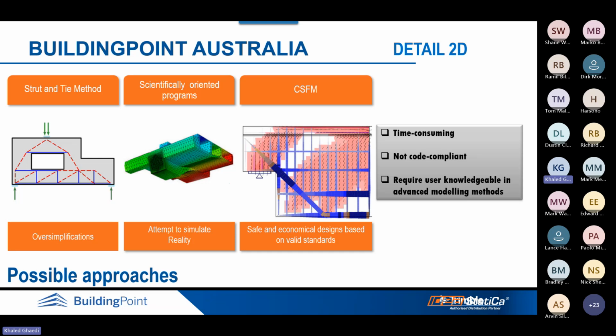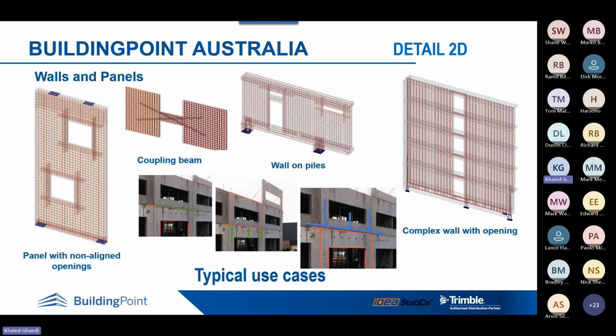So we combine these kinds of tools and came up with the CSFM solution, where after running the analysis you can get the code-based checks as well as finite element results and visualization.